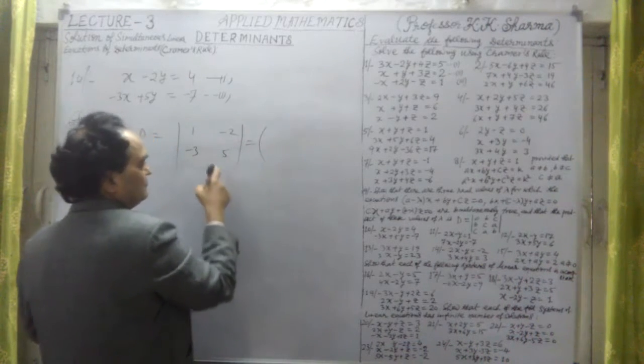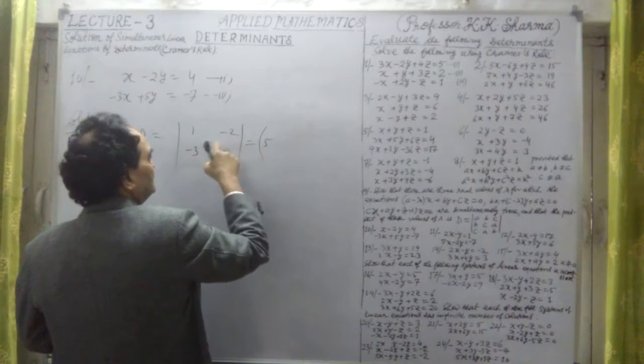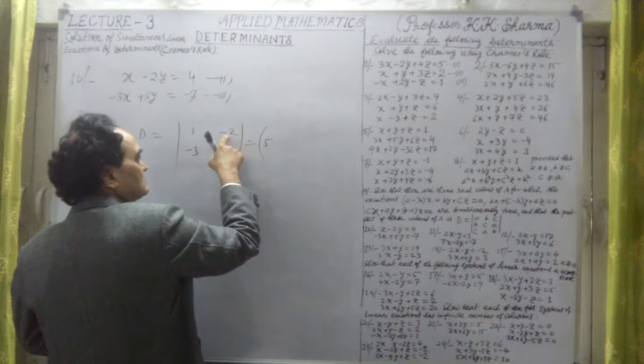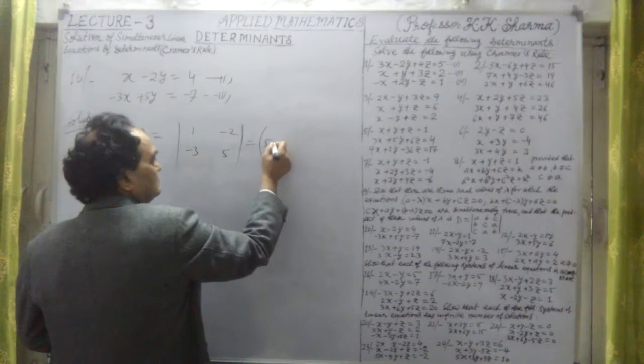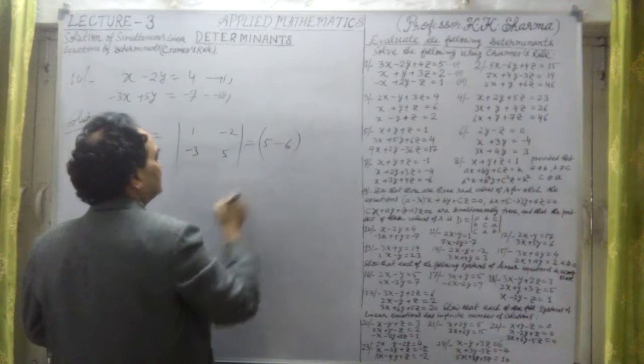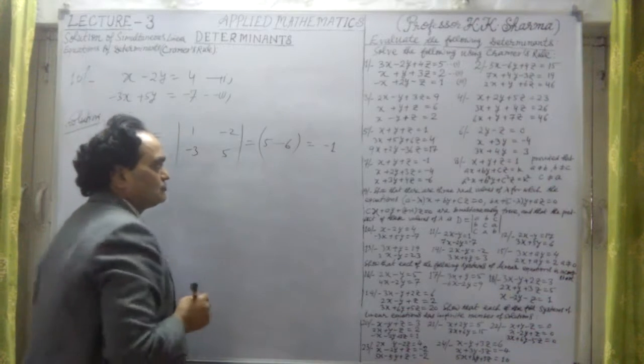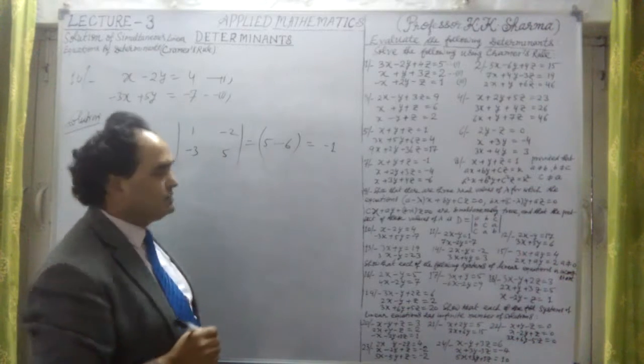This is direct multiplication of the diagonal elements: 5 into 1 is 5, minus plus 6, it is plus minus 6 here only. This is equal to minus 1. The value of D is minus 1 here.